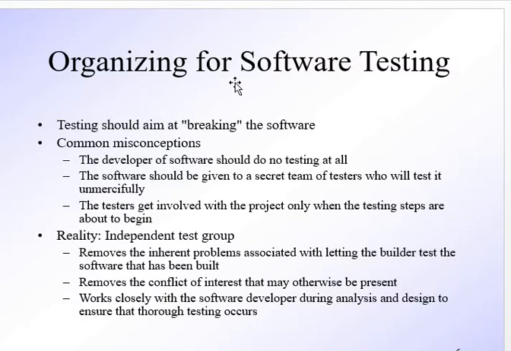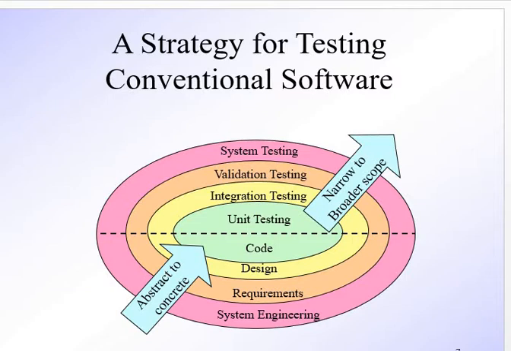Then we have organizing for software testing. Testing should aim at breaking the software, right? So it's nothing but breaking the software into pieces of components, then doing component level testing, then the integration. When done, then do the integration testing, and if any bugs are there, then report the bugs, right?